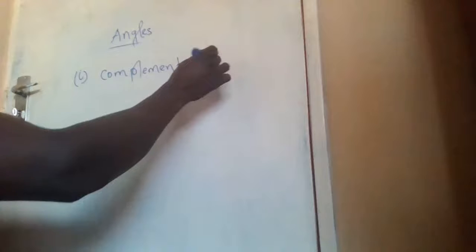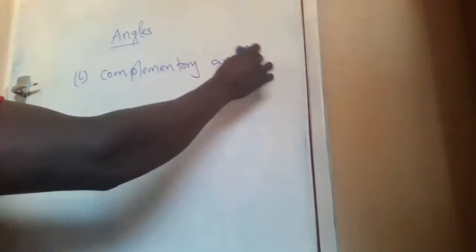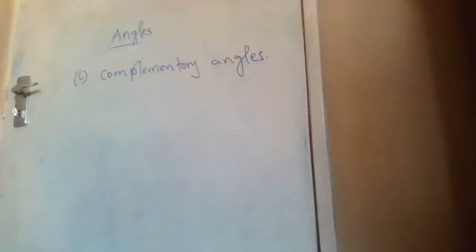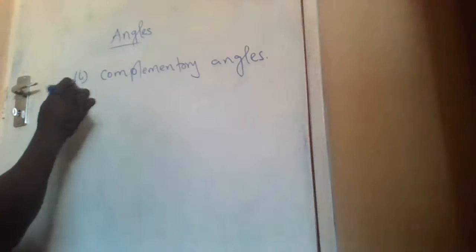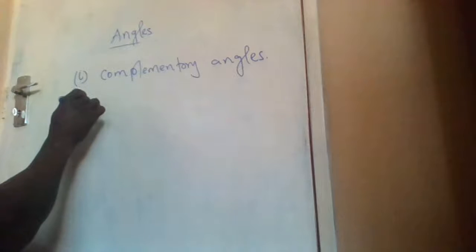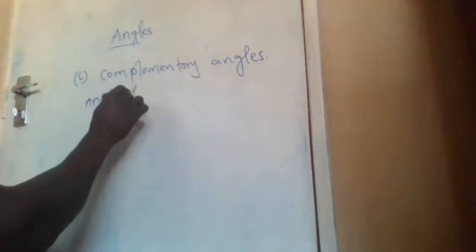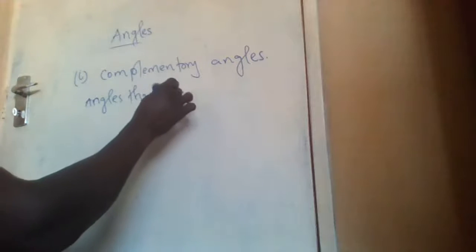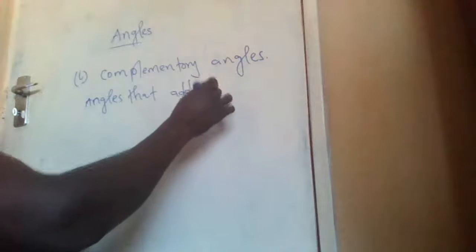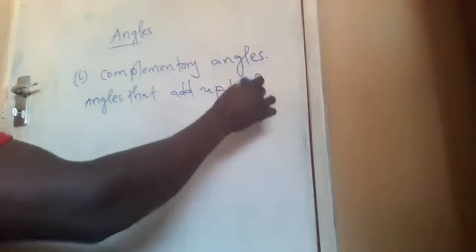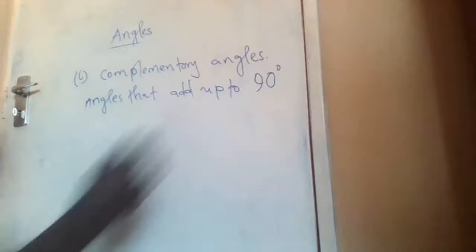Complementary angles. Now, when you hear of the word complementary angles, what type of angles are they? These are the angles that add up to 90 degrees.